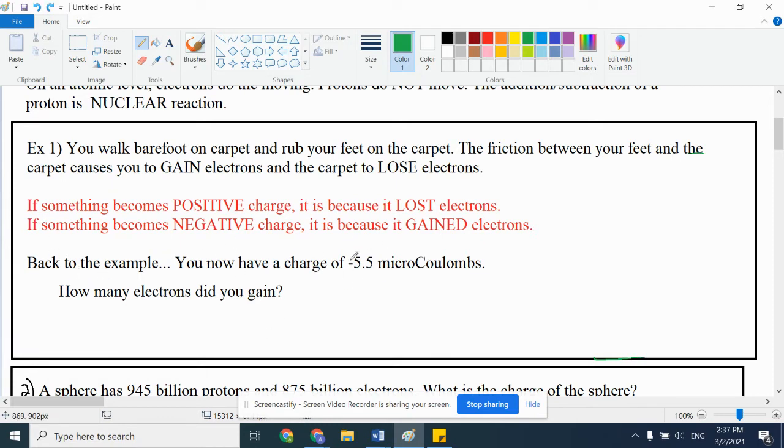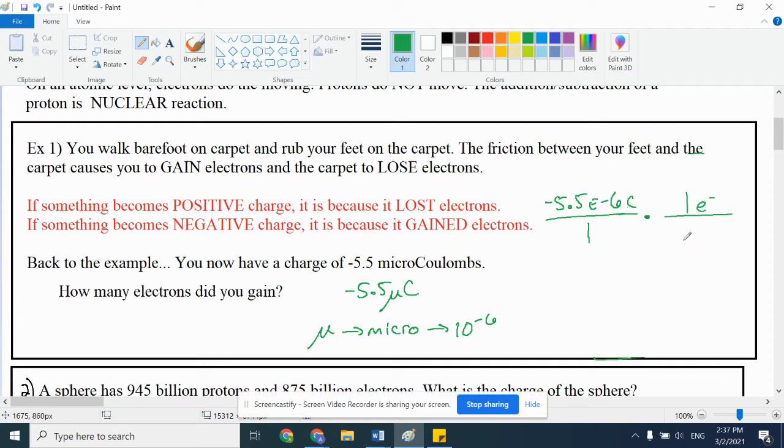So you gained 5.5 microcoulombs of electrons. So that's negative 5.5 microcoulombs. The Greek letter mu, pronounced micro for its prefix, means 10 to the negative 6. So negative 5.5 e negative 6, that's your charge in coulombs.